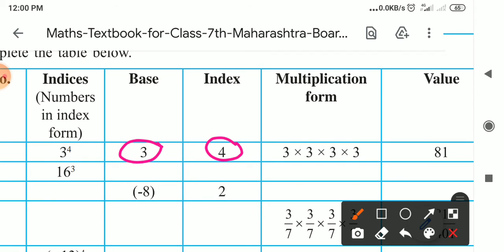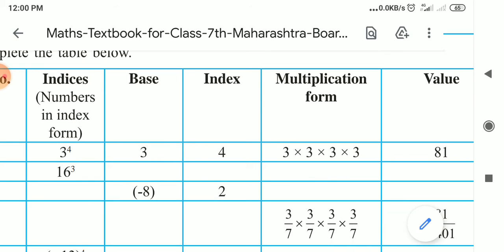The multiplication form: 3 is multiplied 4 times, so 3 into 3 into 3 into 3. What is its value? 3 3s are 9, 9 3s are 27, 27 3s are 81 is its answer.